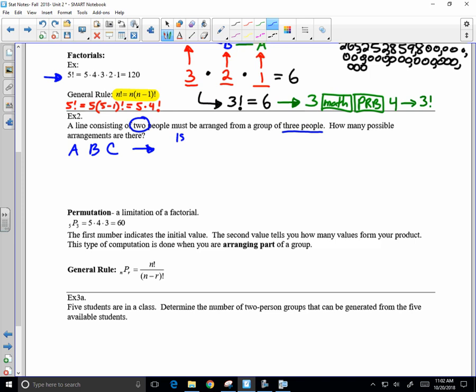So the first person could be A, B, or C. The second person can be any of the 2 people that were not the first person. So B or C. A or C. A or B.